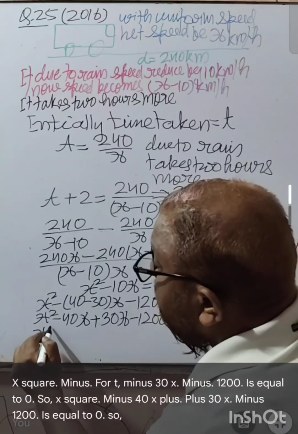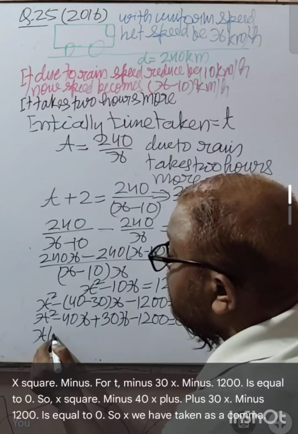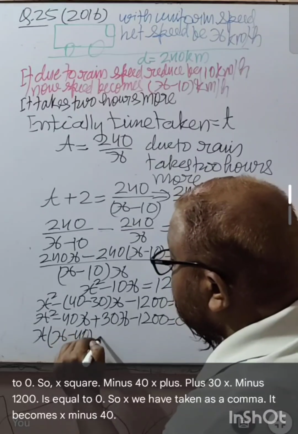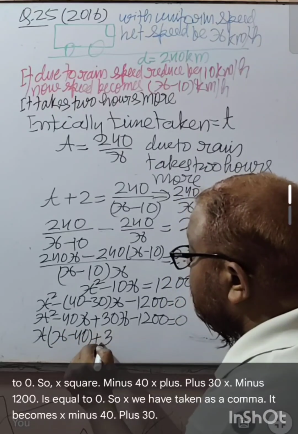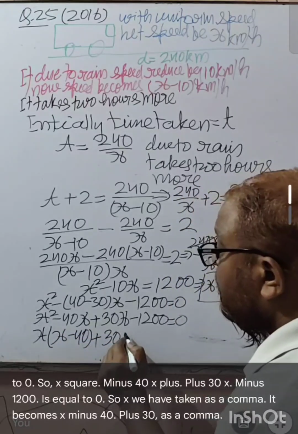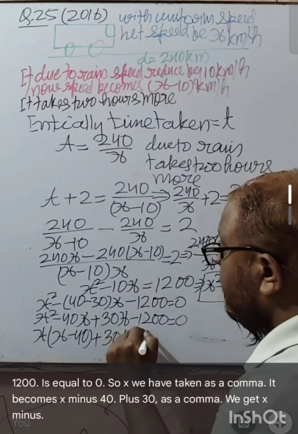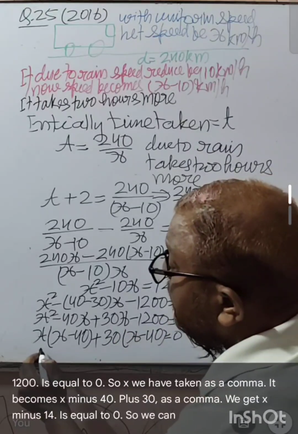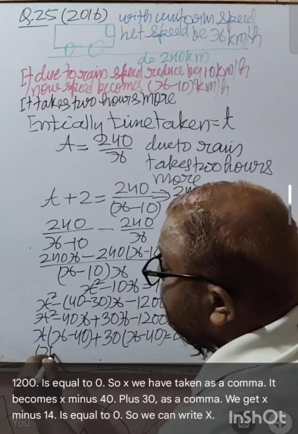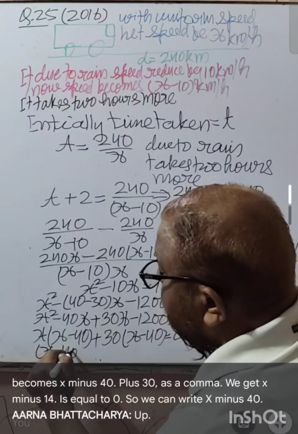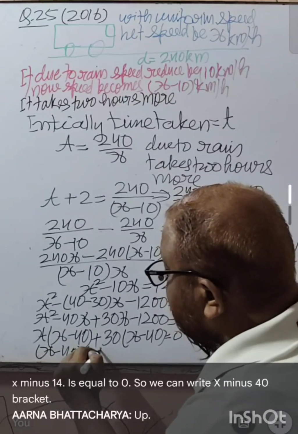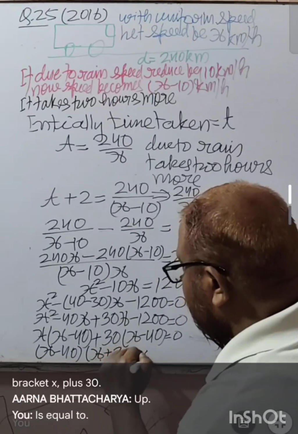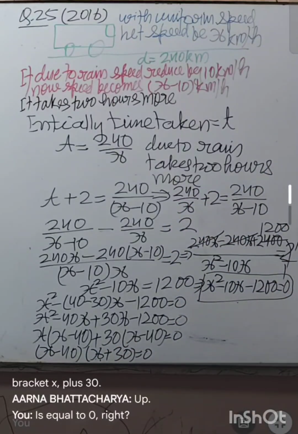So x we have taken as a common. It becomes x minus 40 plus 30 as a common. We get x minus 40 bracket x plus 30 is equal to 0, right?